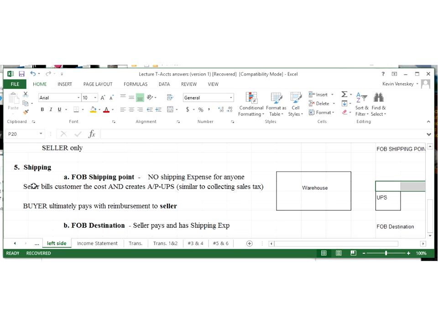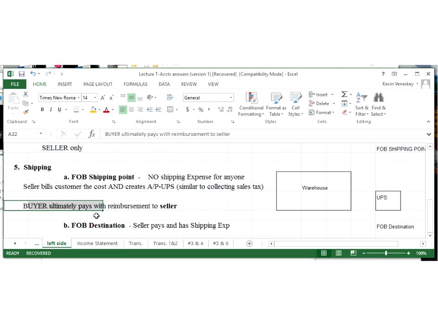And if it's on me, the buyer, then remember what the buyer does? The buyer includes it in their cost. So the buyer puts it right into their cost of the asset. And the seller, even if the seller has to be the one that actually pays, like sales tax, where the seller actually pays the government sales tax, they don't count that as an expense.